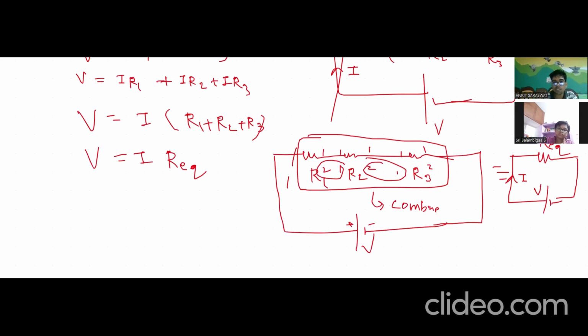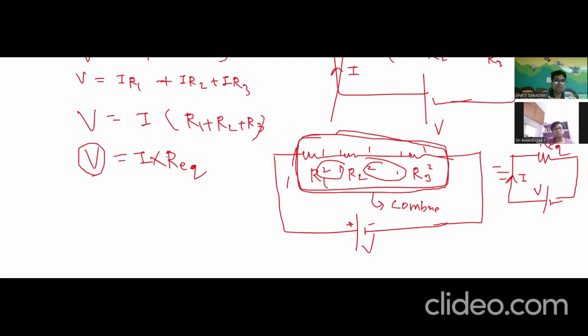In place of these three resistances, you place one resistance, that is R equivalent. When you multiply R equivalent with I, you get the total voltage supplied by the cell or battery. The voltage drop across R equivalent is the same as the battery voltage.